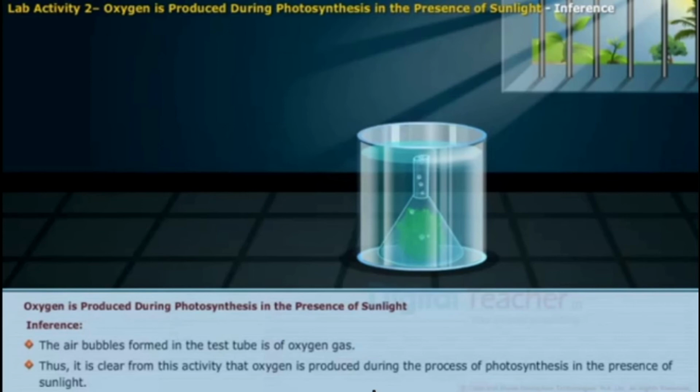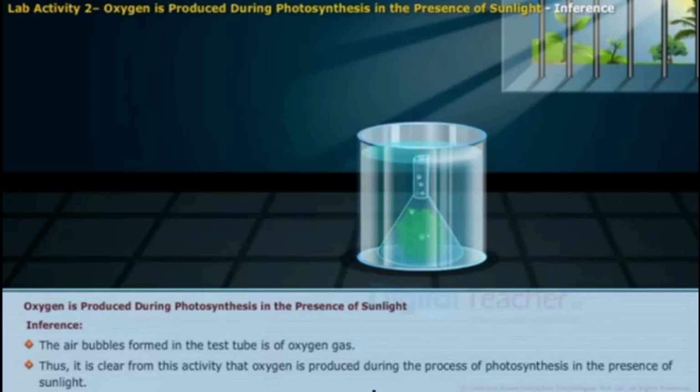The hydrilla plant is covered with a funnel inside the beaker along with the test tube, in sunlight. What happened after 2 or 3 days? We remove the inverted test tube and test the gas with a glowing stick.